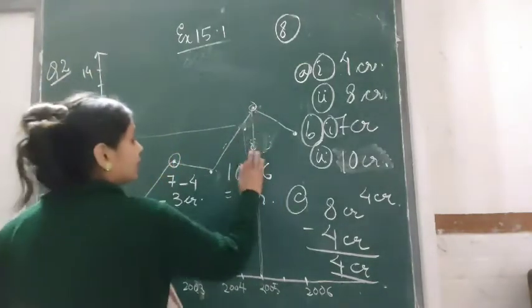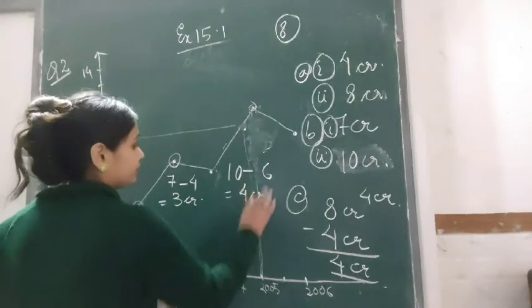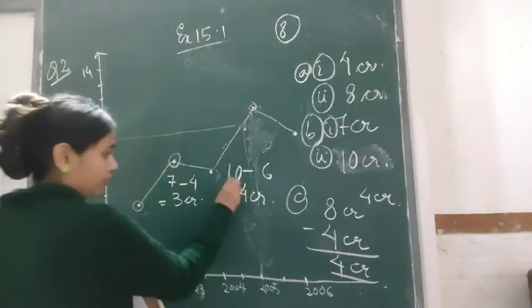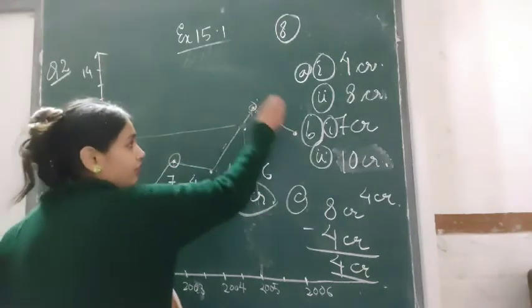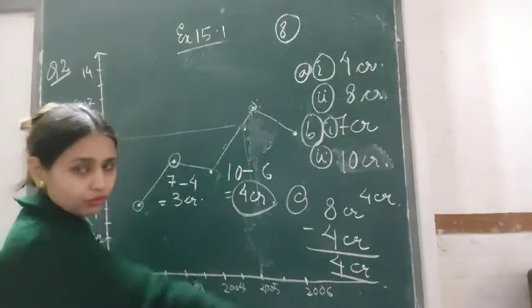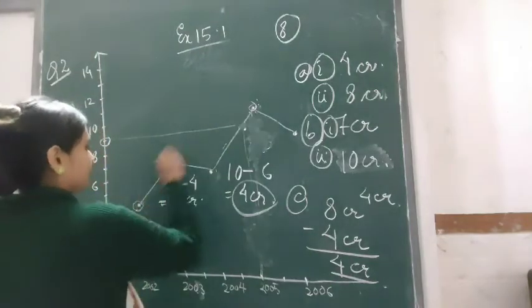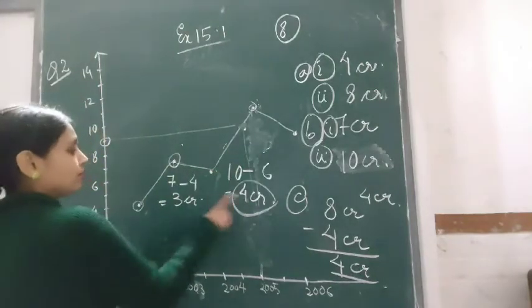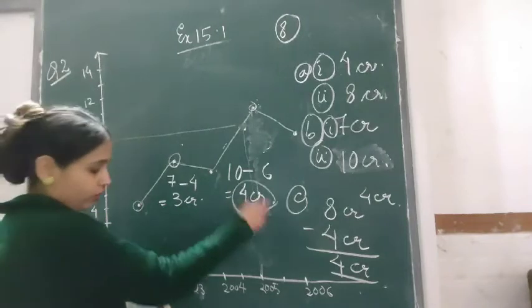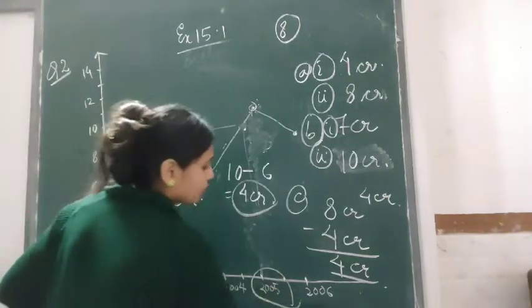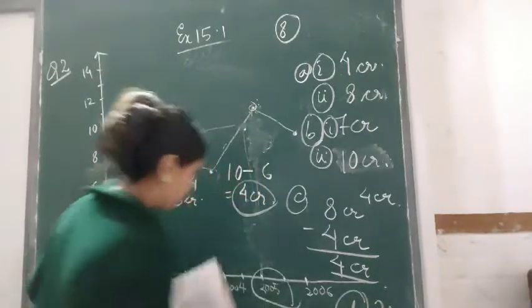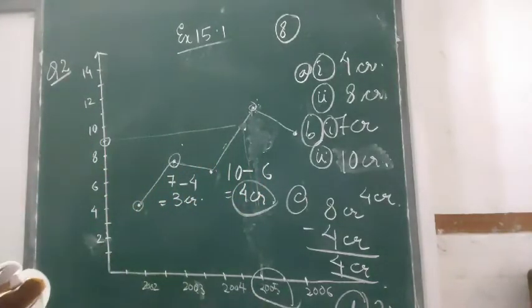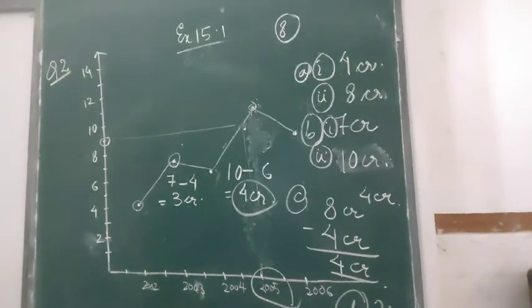Because I drew this line, that line. This is the greatest, right? Now we won't check this again. Why? Because the trend is downward. So we check the heights. Which is more? 4 crores is more. So the year 2005. So the answer for D is 2005.